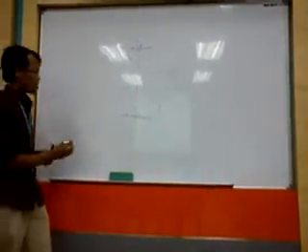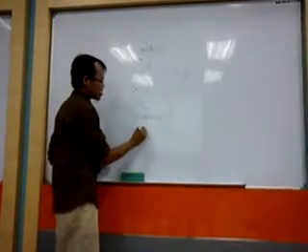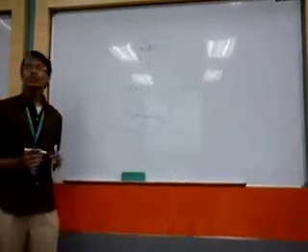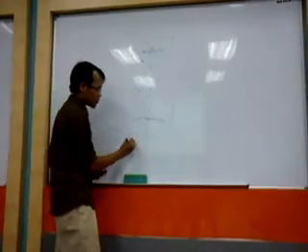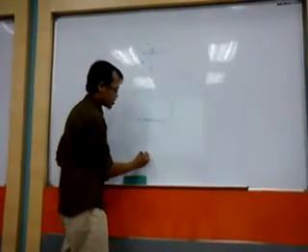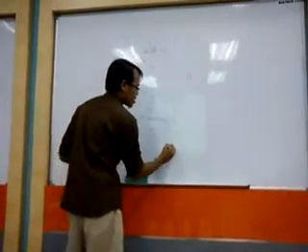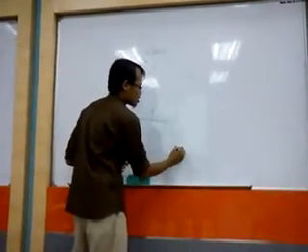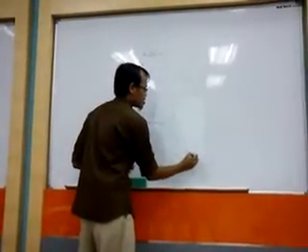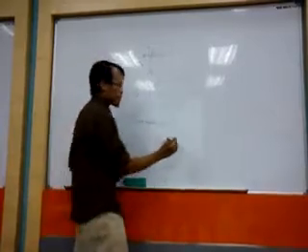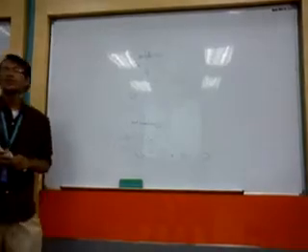Okay, the formula is W equals QH minus QC, and the efficiency is W over QH, which is equal to QH minus QC over QH.